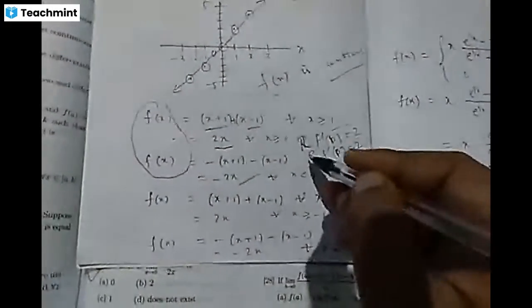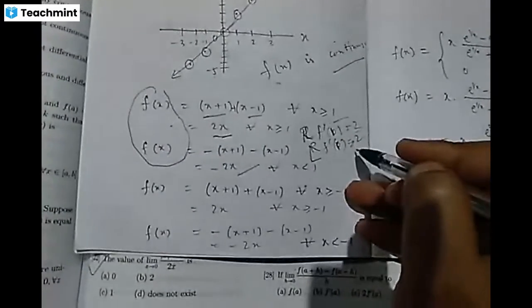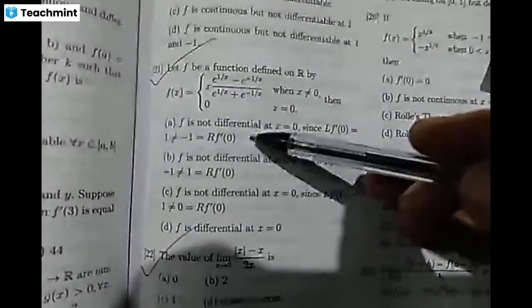Both derivatives are not equal, so differentiation is not possible. This function is continuous but not differentiable, so in my view this answer is true: f is continuous but not differentiable.